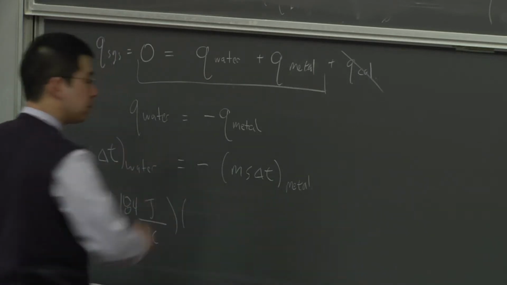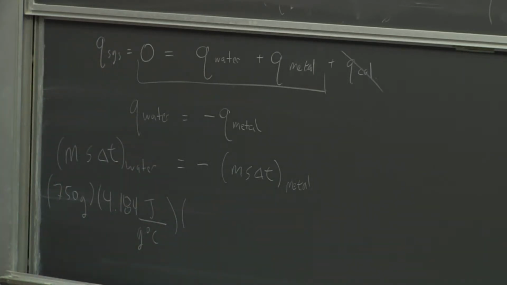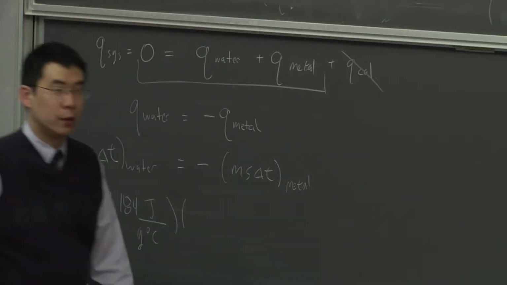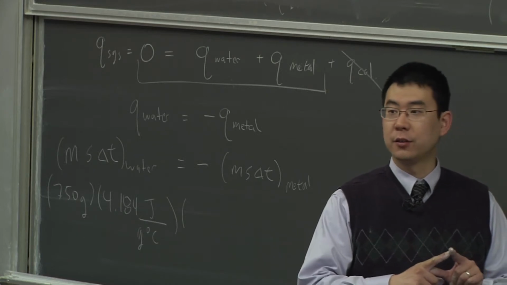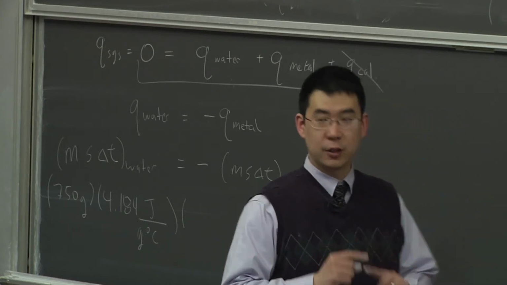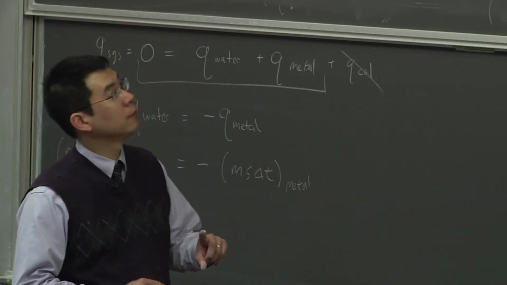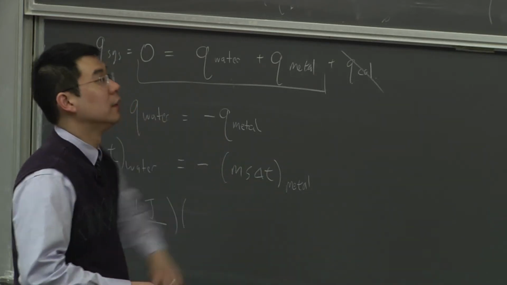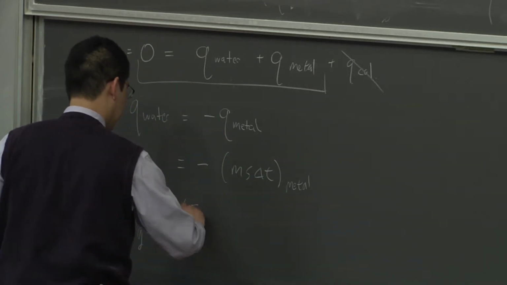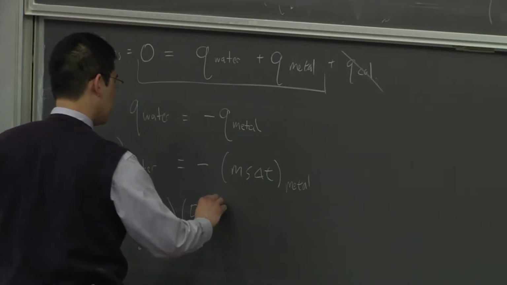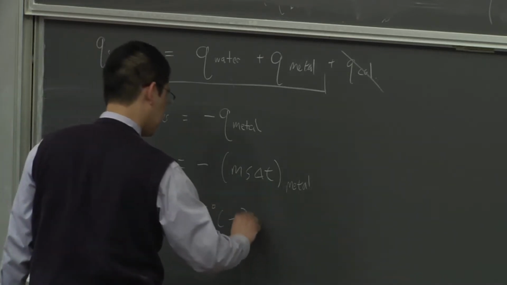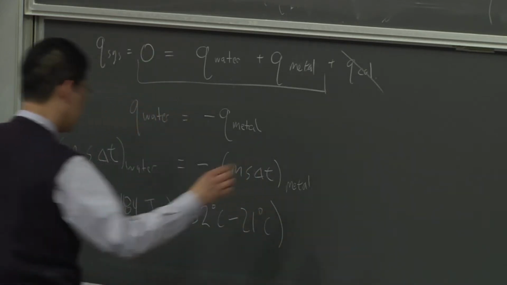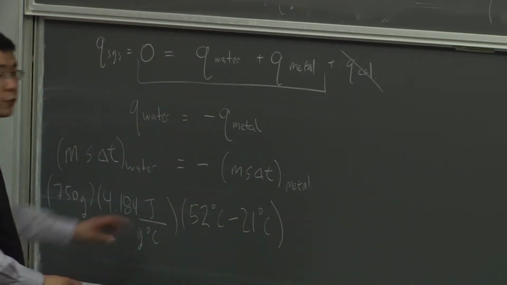And what's delta T for water? No, it's delta. Delta is T final minus T initial. So what's T final? Oh, yeah, you're right. 52 minus 21. Sorry about that. Which gives you 31.